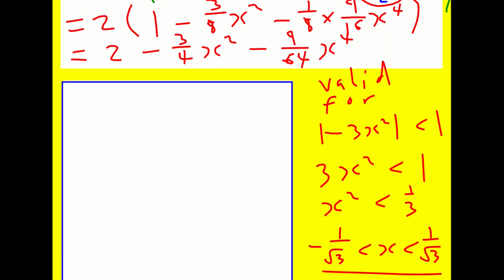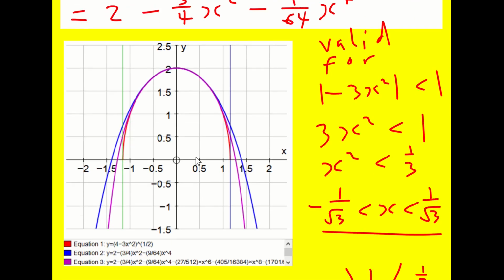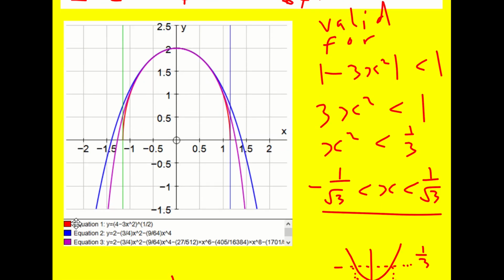Right, let's just quickly look at the function itself, because I've not done this lesson. So in red is the actual function, and it only exists between this range, because once you go beyond that range, you're going to be taking the square roots of a negative. If we look at how good it is, if we take our terms up to x to the 4 in blue, it is very good in this interval between minus 1 and 1, I'd say.